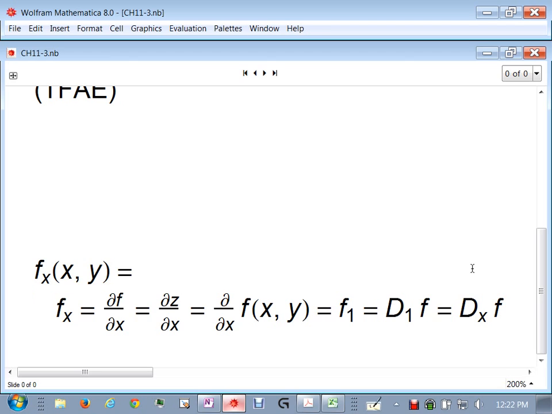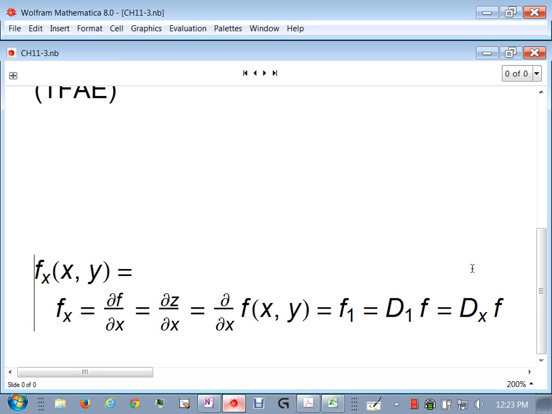Why does the first variable mean x? The ordered pair notation, right? We had x then y, so 1 would be with respect to x. Then this one kind of makes sense, right? So what if you wanted the partial derivative with respect to y with this notation? d2, right?